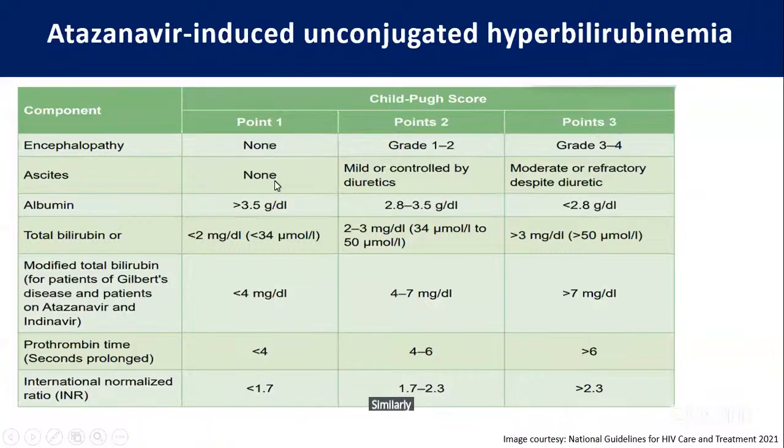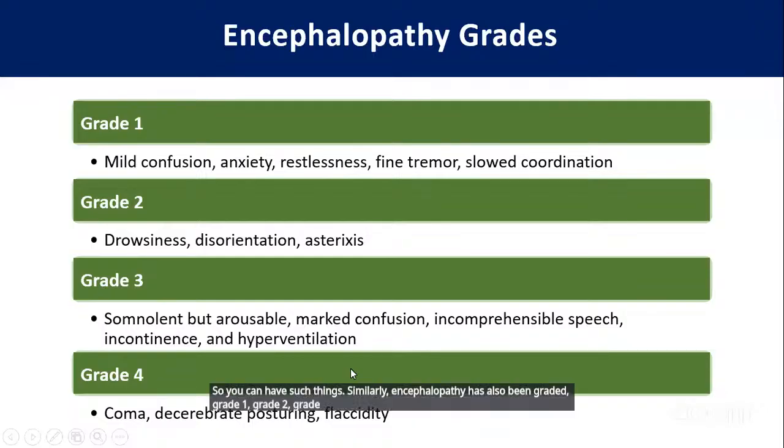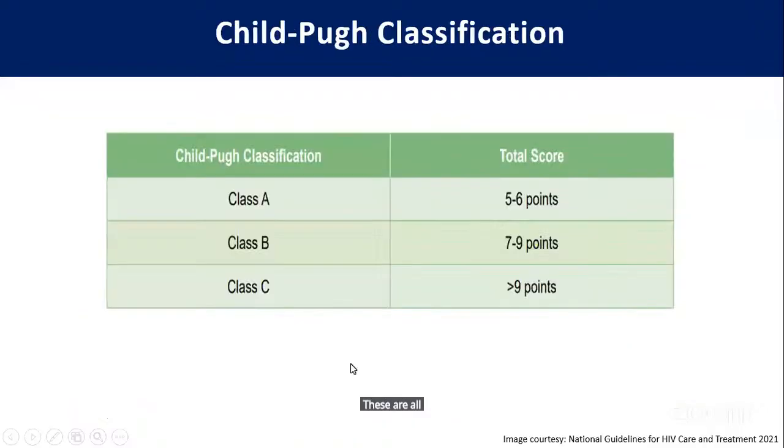Similarly, ascites absent, mild or easily controlled with diuretics grade 1 or 2, moderate or refractory despite diuretics 3 points, albumin more than 3.5, between 2.8 to 3.5, etc., and prothrombin time and or INR. So you can have such things. Similarly, encephalopathy has also been graded: grade 1, grade 2, grade 3, and grade 4.